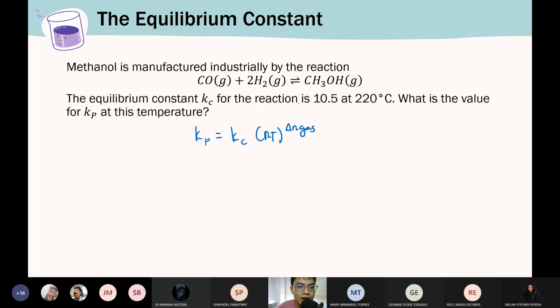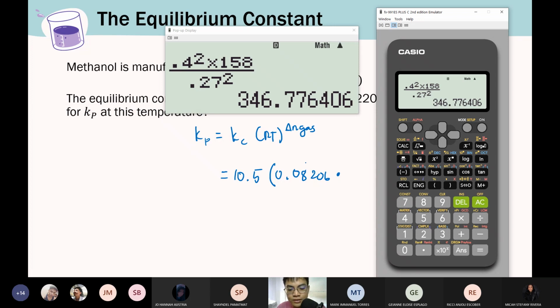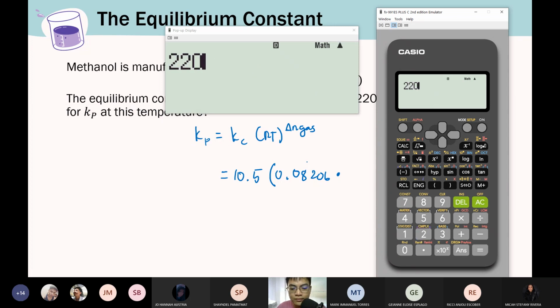You have Kc, 10.5. R is 0.08206. Temperature, it's 220 degrees Celsius. We want to convert it into Kelvin. So, anong gagawin? You add 273.15.